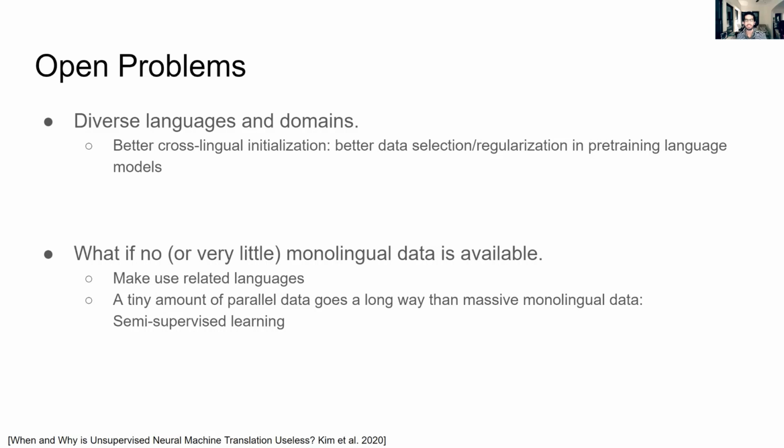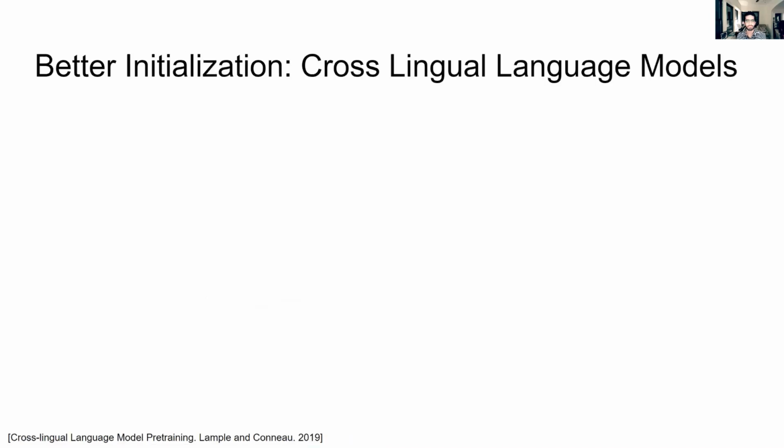Okay, so now let's look at some advances in this area where different initializations have helped, or where using different languages in addition to just bilingual MT has helped as well. First I'll go through better initialization.